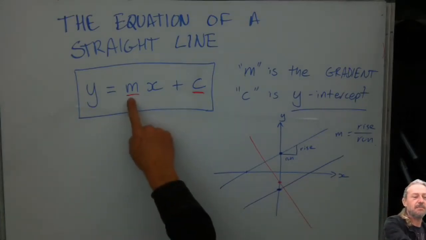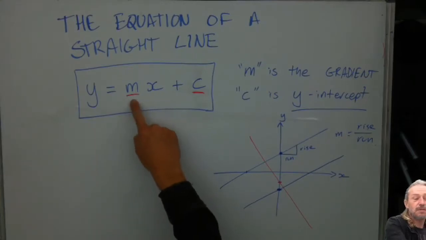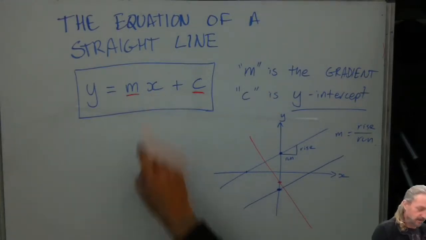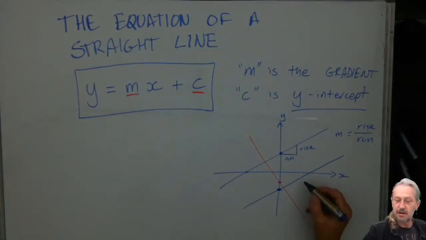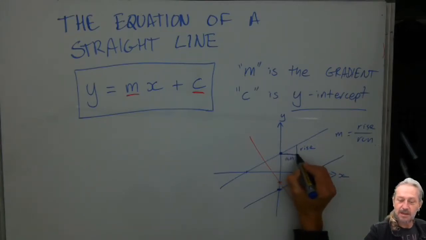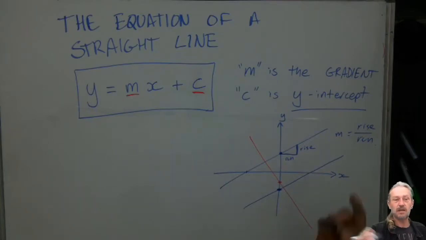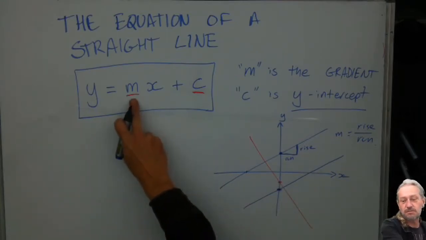The number that is multiplied by the x, remember we talked about for every one step in the x direction, the line goes up this much.